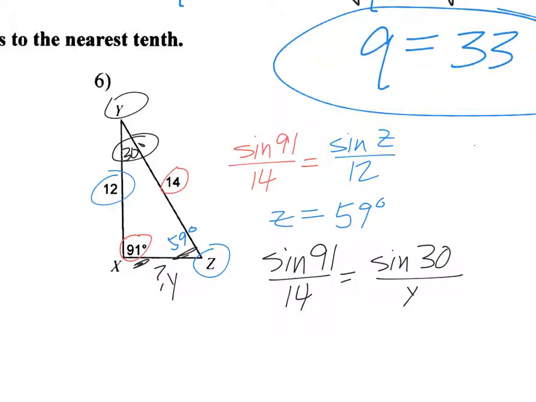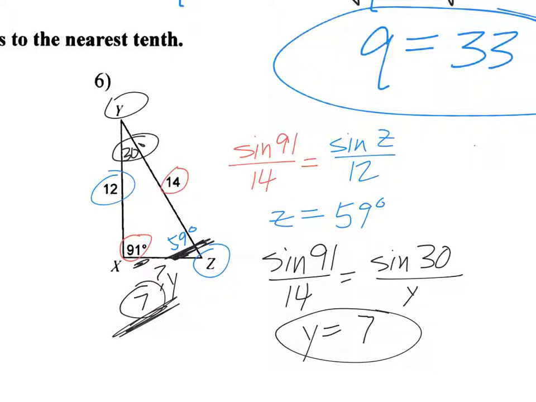So then I'm going to work that out real quick, and you get y is basically 7. So then this is 7. So when it says solve the triangle, what that means is you got to find all the stuff that's missing in a triangle. So 20-minute video, I know that's really long, but a lot of stuff in this.